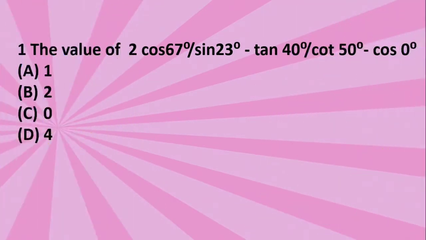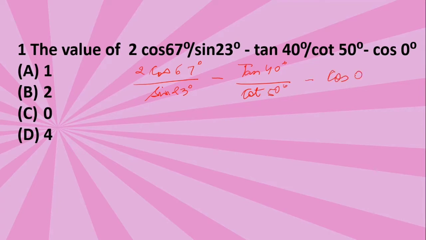So the first question is the value of 2 cos 67 degree divided by sin 23 degree minus tan 40 degree upon cot 50 degree minus cos 0 degree.